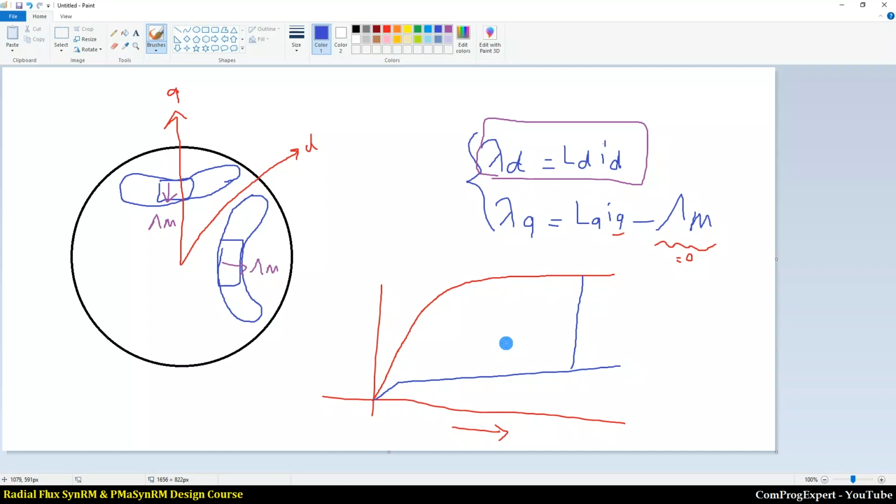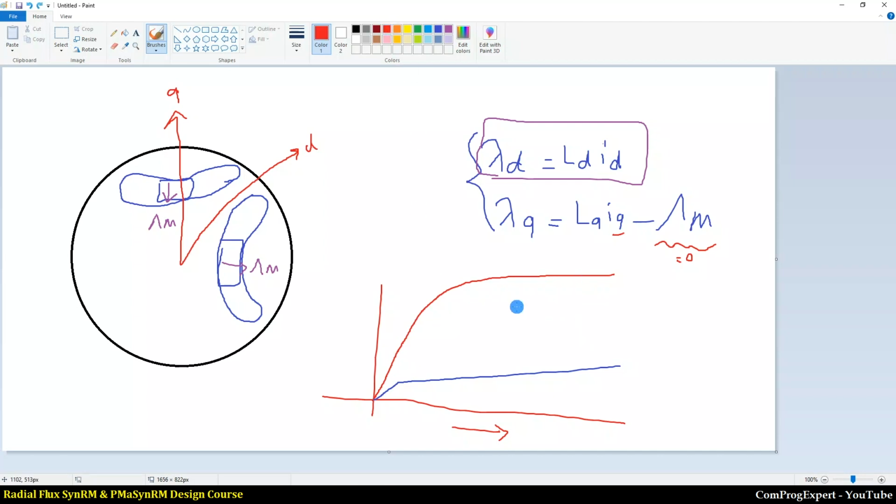When we have a big area between the aligned and unaligned flux linkage curves, it means the saliency ratio of the rotor is high. Otherwise, the saliency ratio of the rotor is low.